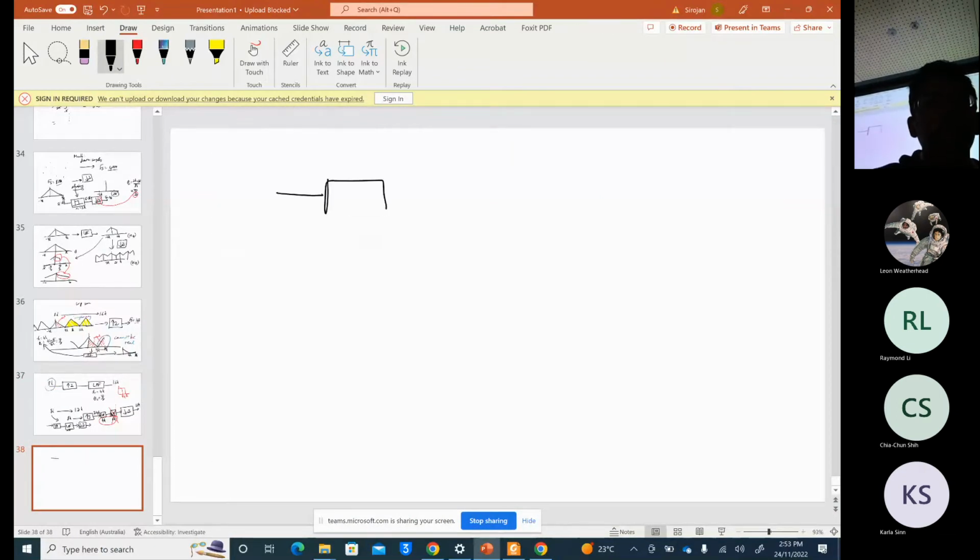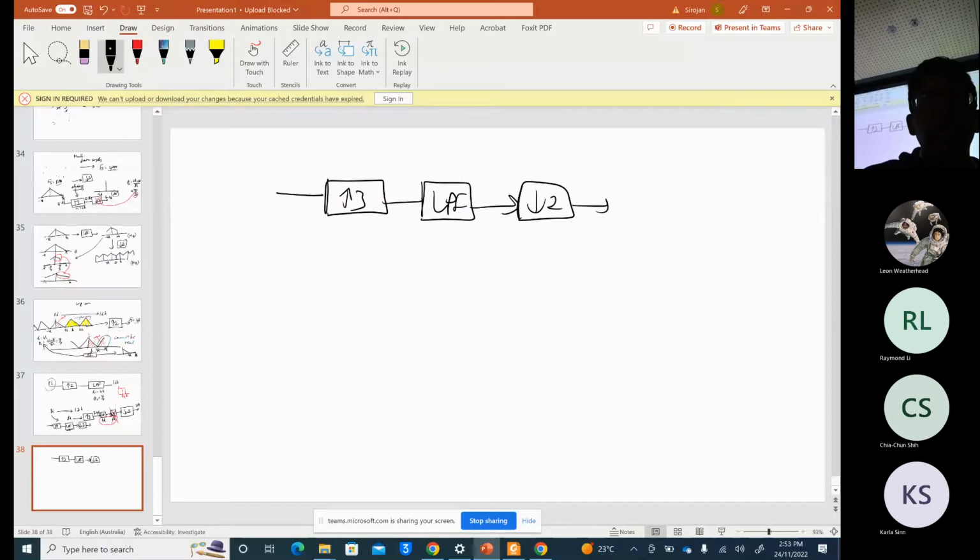So first upsample by 3, low pass filter, downsample by 2 to get it to 12K, from 8K here. So here 24K, and here again 24K. Here it is 12K. So what should be the cutoff frequency? Cutoff frequency FC is equal to 4K.